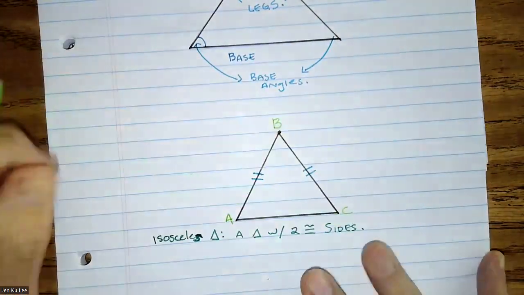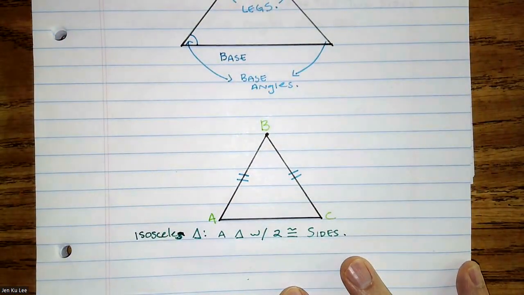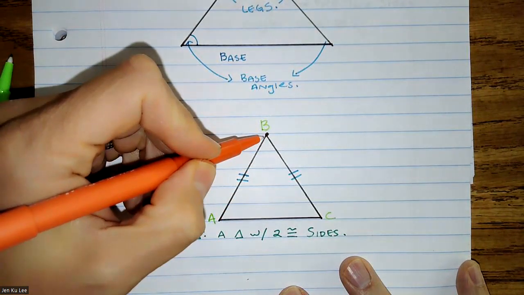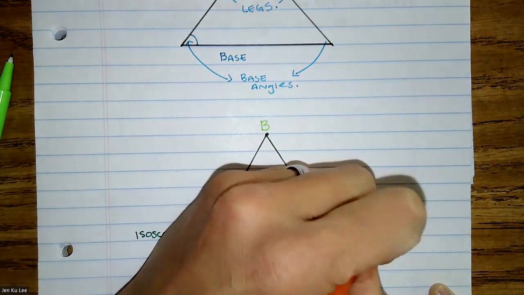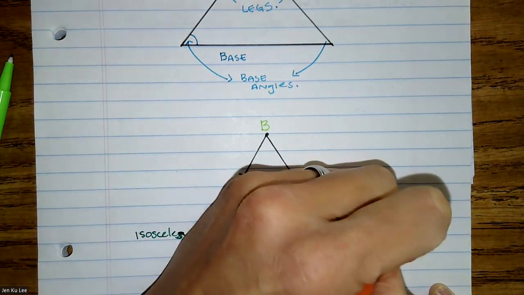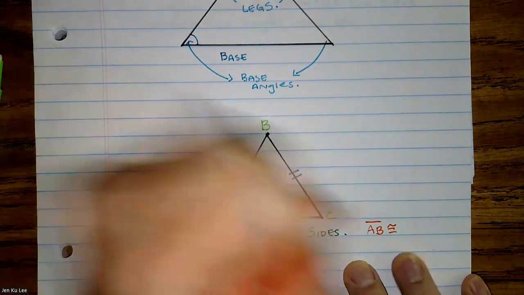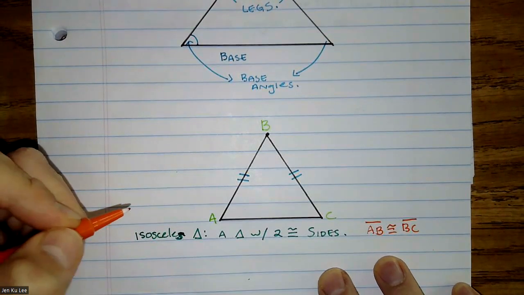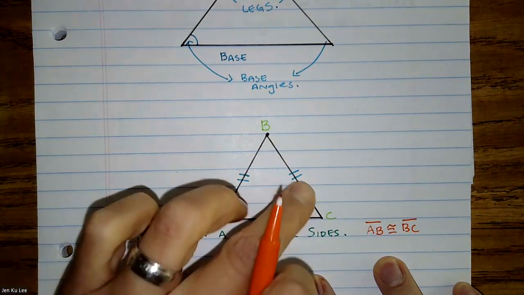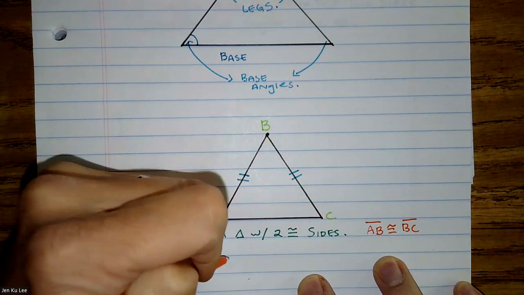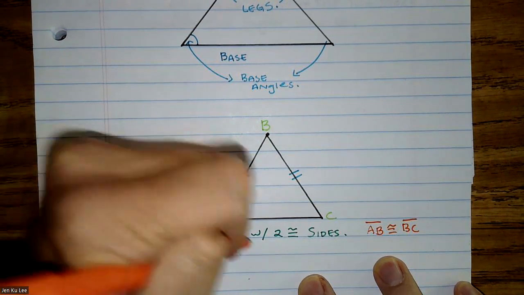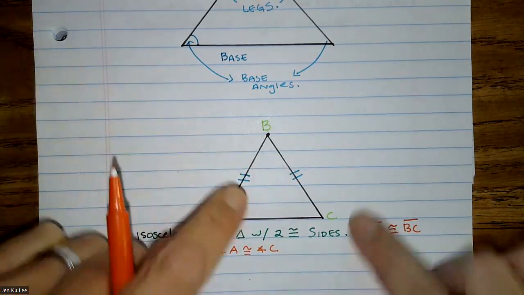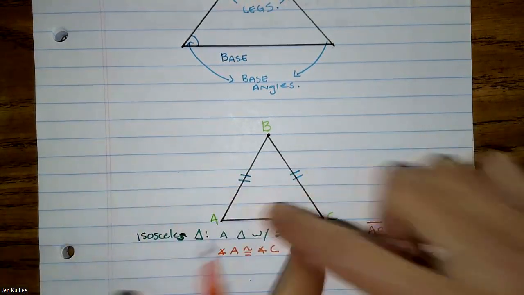If side AB is congruent to BC, then I know that angle A is congruent to angle C. Okay, the angles opposite those sides are also congruent.